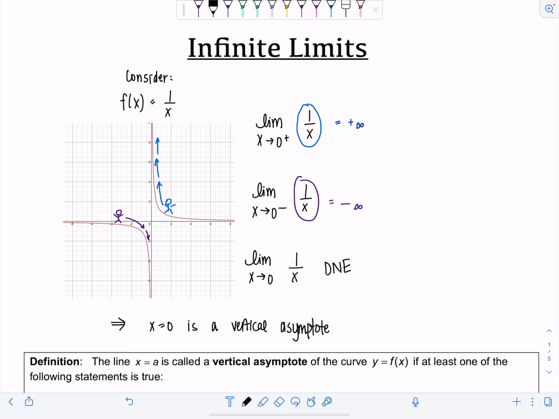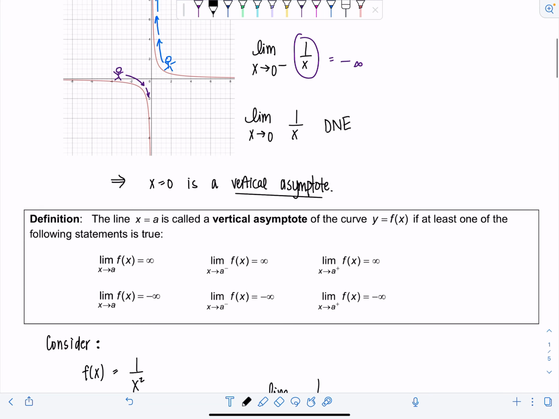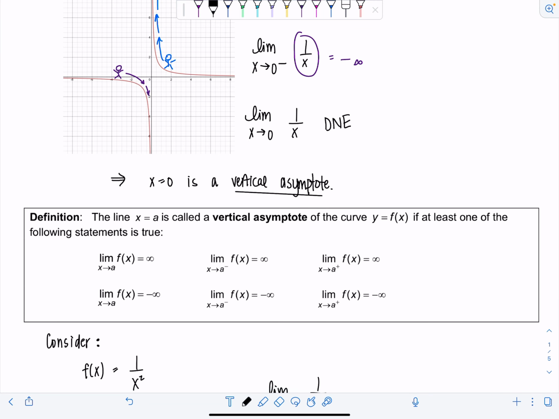So now we have a new definition here. We say that the line x equals a is called a vertical asymptote of the curve y equals f of x if at least one of the following statements is true, and more than one may be true.